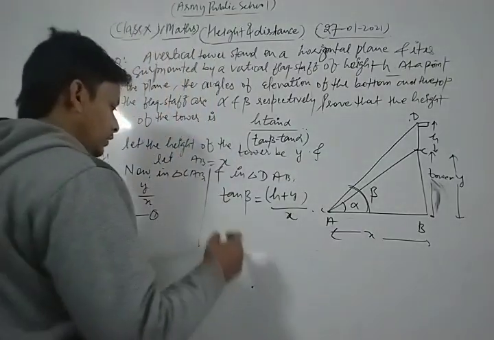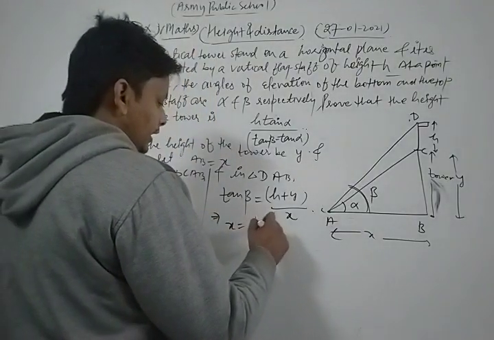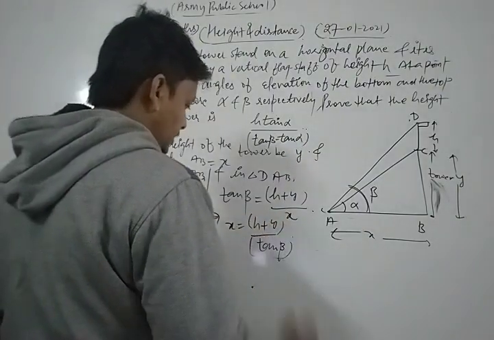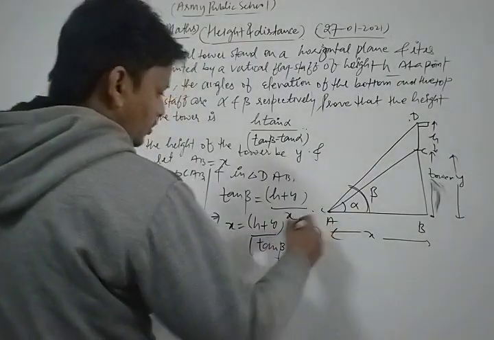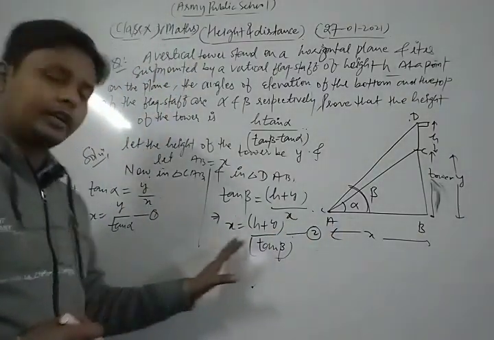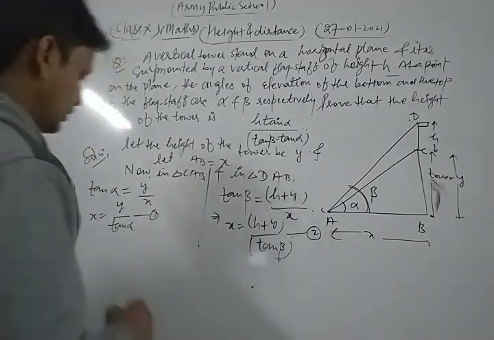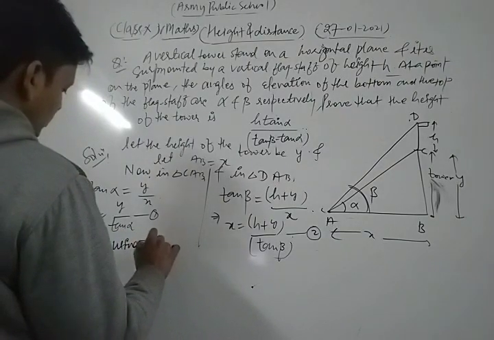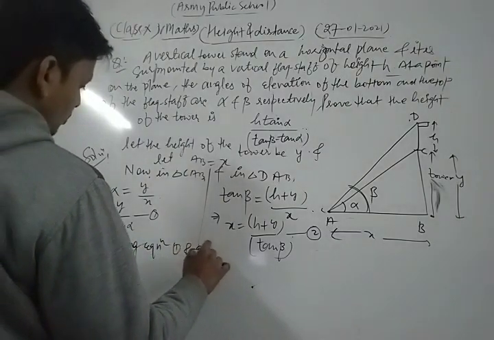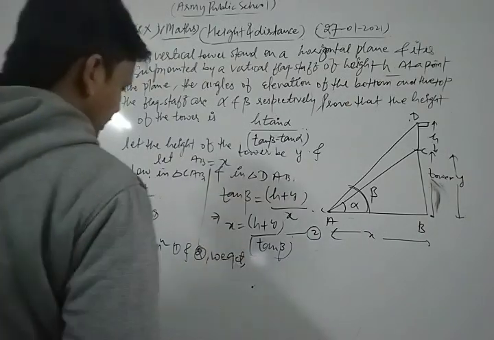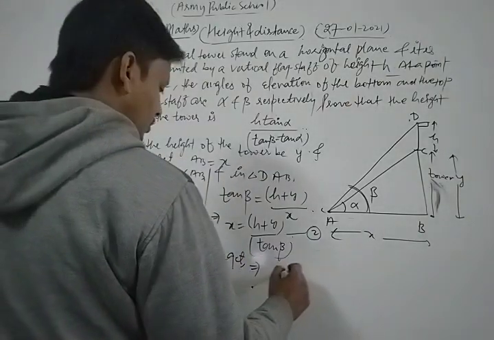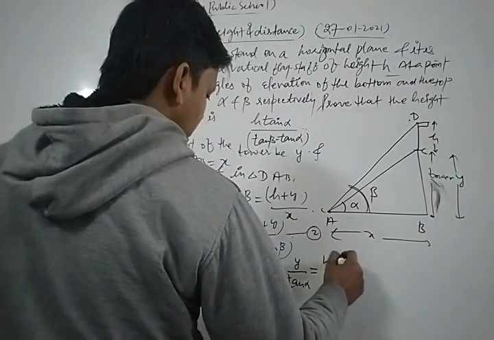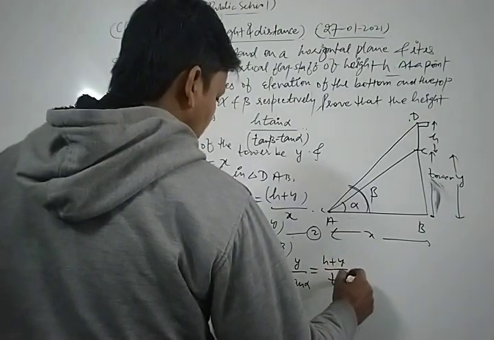Now from there we get the value of x as h plus y upon tan beta. This is equation number 2. Now using equations 1 and 2 we eliminate the value of x. We get x is equal to y upon tan alpha is equal to h plus y upon tan beta.